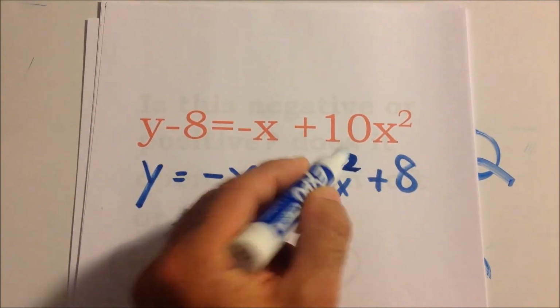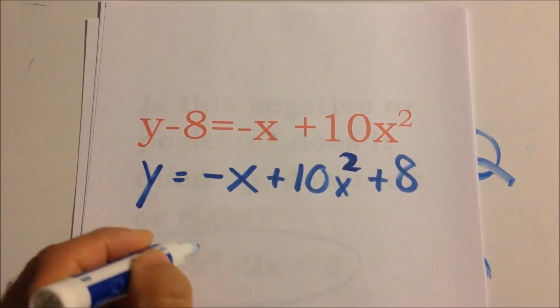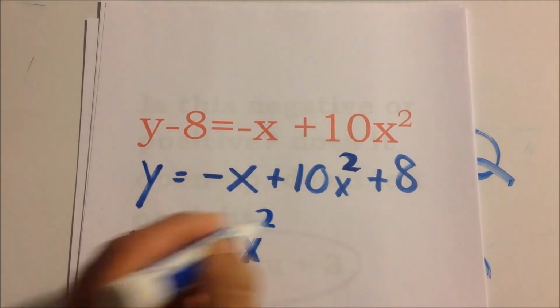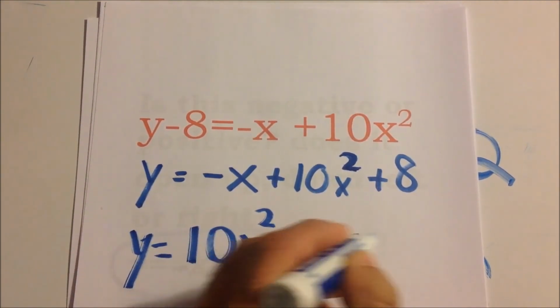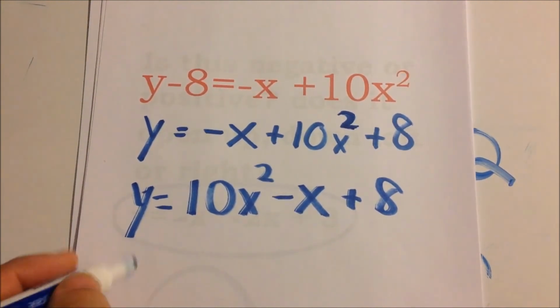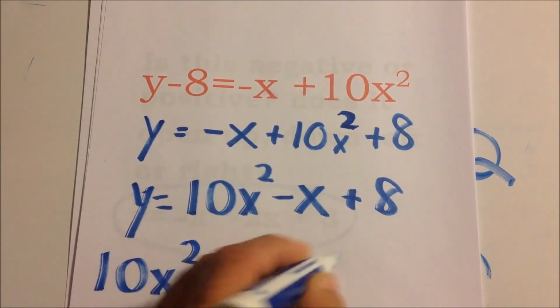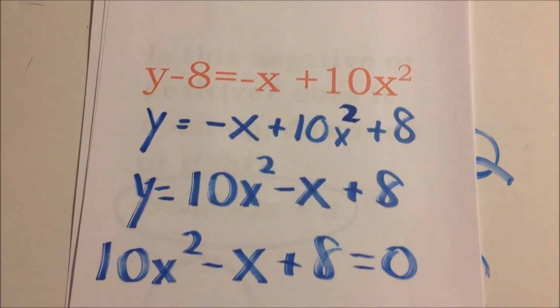If it's not a 2, it's not quadratic. So it'll be y equals 10x squared minus x plus 8. And we could set the whole thing to 0 also: 10x squared minus x plus 8 equals 0.